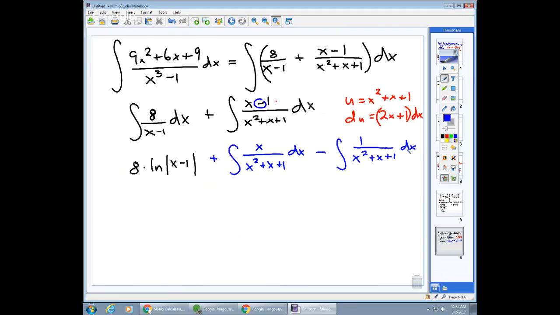So that's another option, breaking it into two parts. I think I'm going to like that option there. So let's see, this sucker right here, what could I do with that? I don't have a dx around, which is kind of a problem.